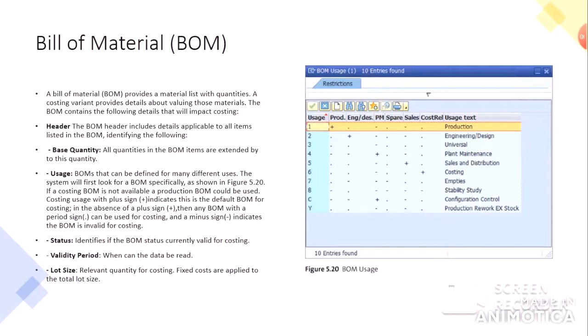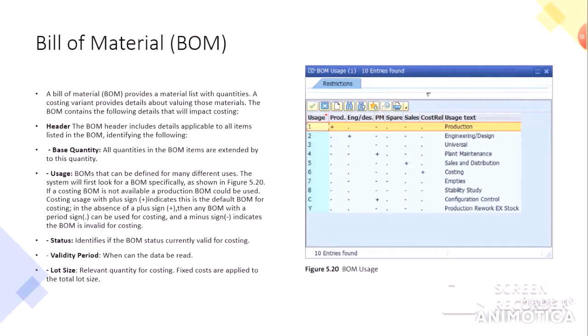Header. The BOM header includes details applicable to all items listed in the BOM, identifying the following. Base quantity. All quantities in the BOM items are extended by this quantity. Usage. BOMs can be defined for many different uses.